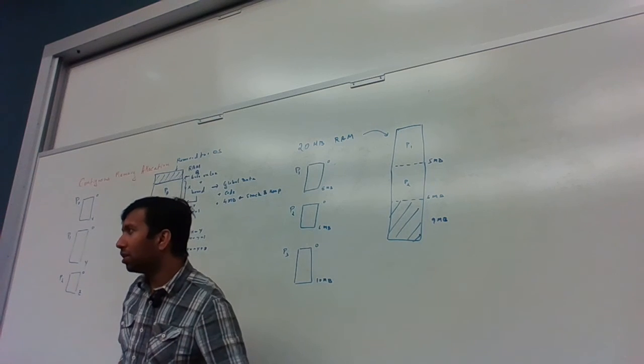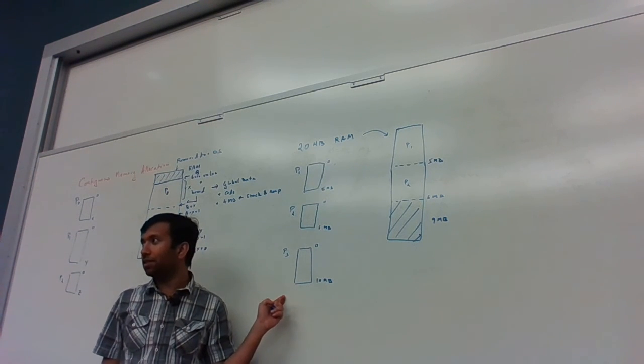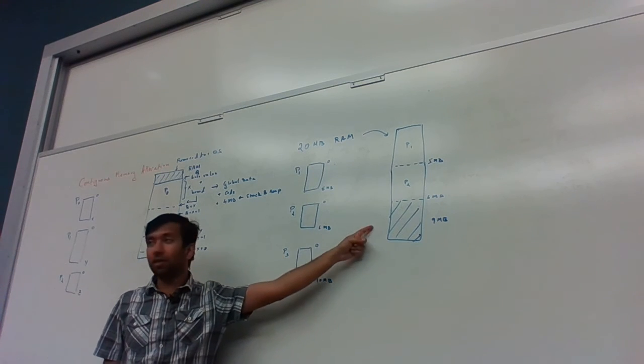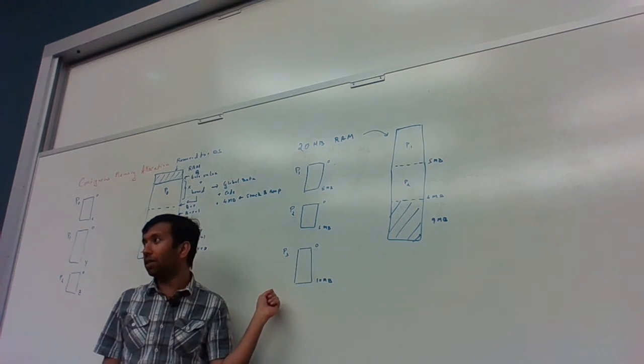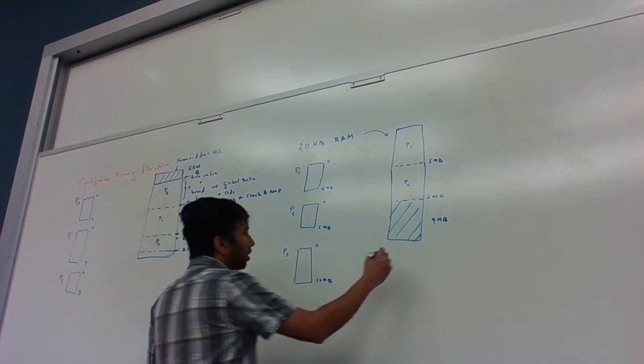You can put anything into it, but you cannot now. There is a process waiting. There is also free memory. There is a process waiting, and you cannot use it. This is called external fragmentation.